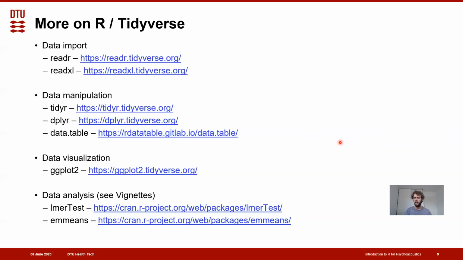Vignettes are more or less short pieces of information or examples on how packages can be used. And the two packages that I will use today are lmerTest and emmeans, but I will also get back to these two a little bit more in detail.